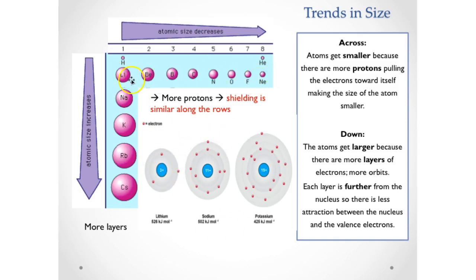Here, as we move left and right, we are only dealing with one orbit, one orbital really, or a few, but it's very similar. So when we're moving across a row, protons is what matters. It's what determines the size. As we move down a column, what matters is the amount of orbits that an atom has.